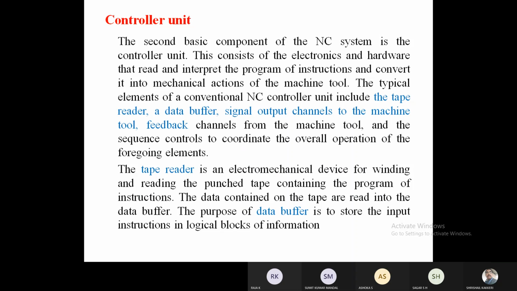So that means to say there will be a tape reader in an MCU, machine control unit. There will be a tape reader and a data buffer. There will be input and output channels and the feedback channels will be there. These are the important things which will be within this machine control unit.